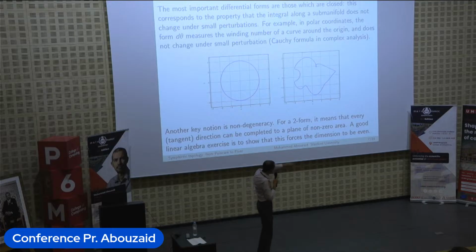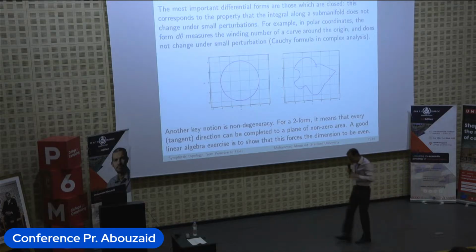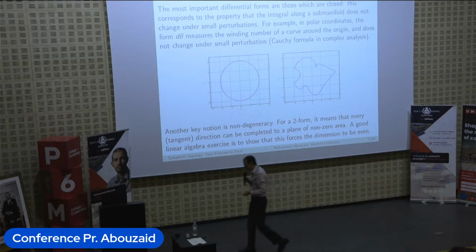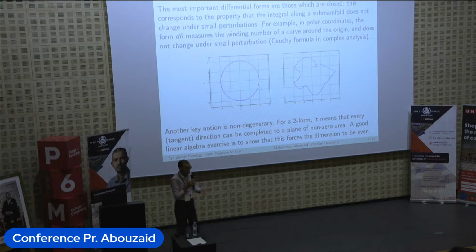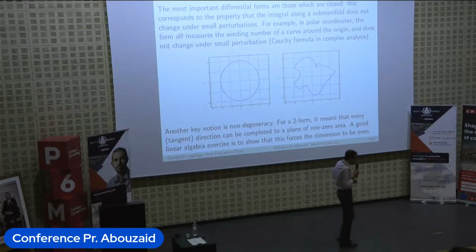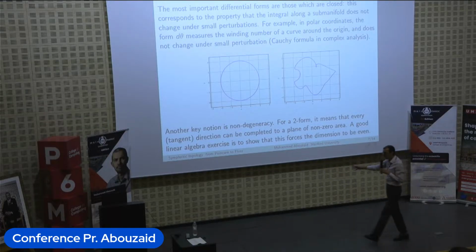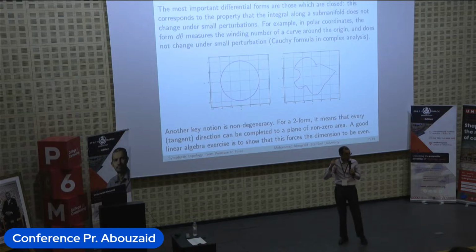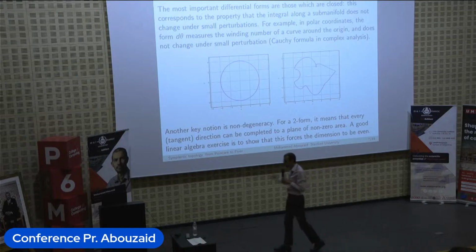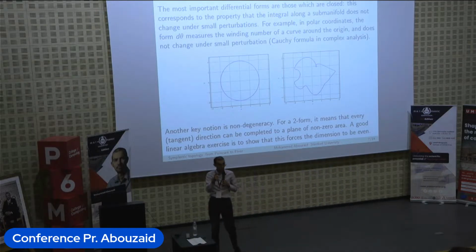Oh yes, and then, maybe you didn't understand what I said, but it's a linear algebra exercise, which it would be good maybe for somebody to try, to see whether they understand and can reconstruct what I said: to show that if you make this assumption, then in fact the dimension is even. And of course, the way you should think about statements like this is, I'm asserting that there is no example of a non-degenerate two form in one variable, in R1.